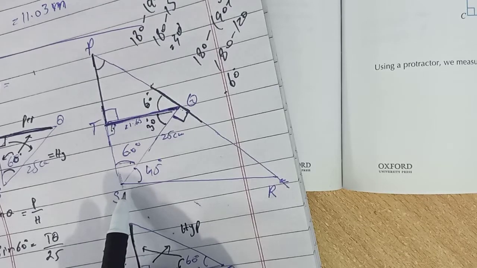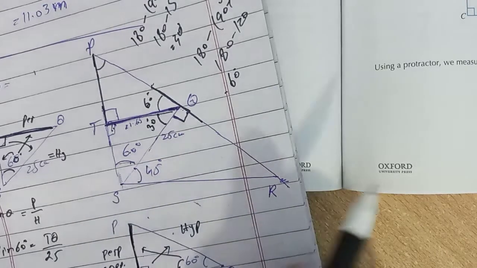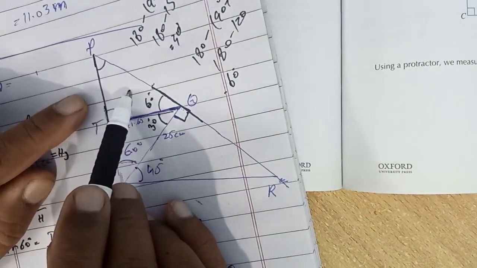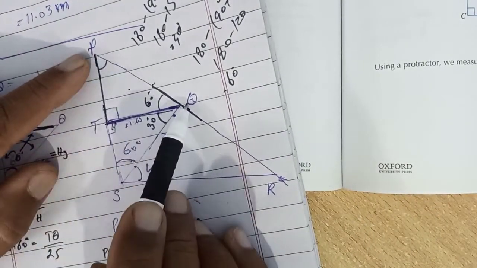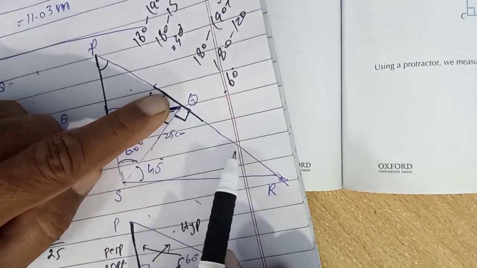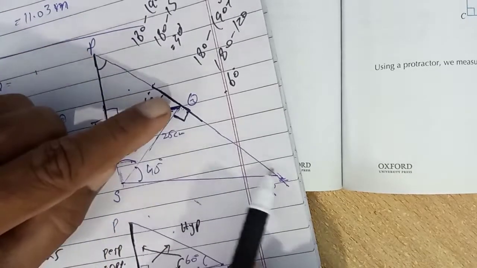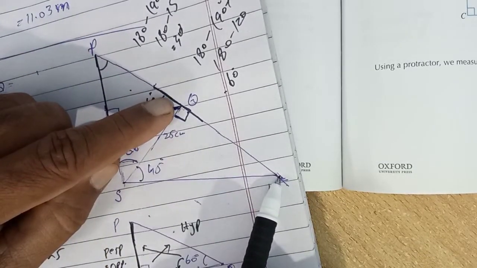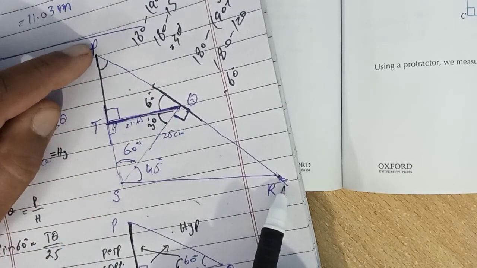So what should we do now? I will use this triangle and calculate PQ, then I use this triangle and calculate QR. When we add PQ and QR, you will get the length of PR.